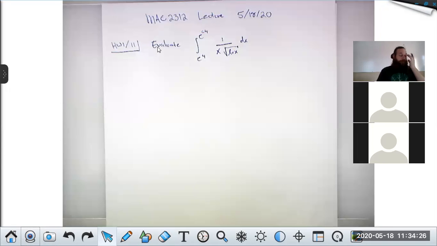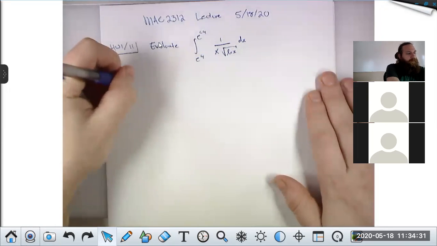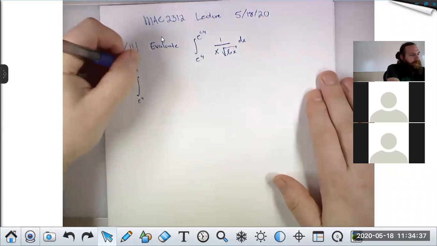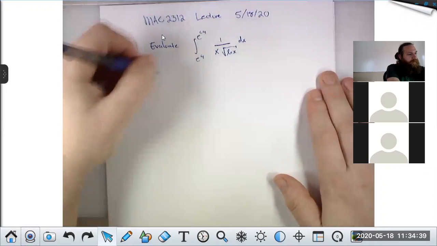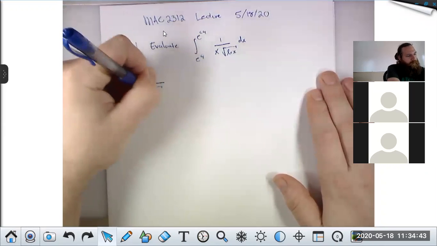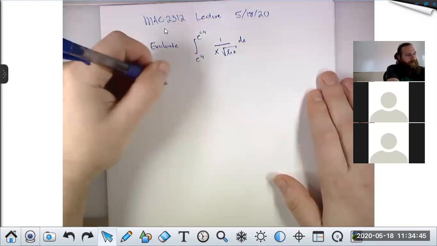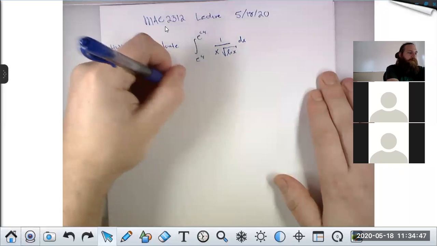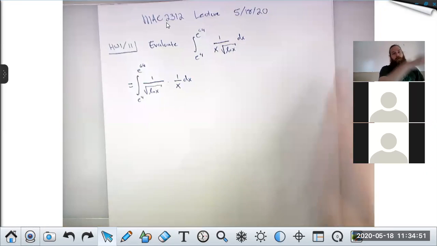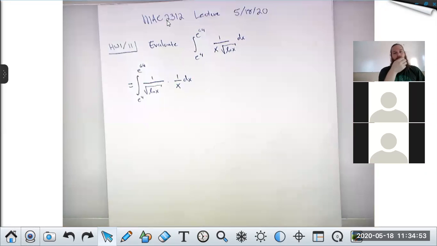So what I see here, and if you're having a hard time spotting it, is this. I think of it like this, because if not for the ln x there, this would be a relatively easy integral, right?